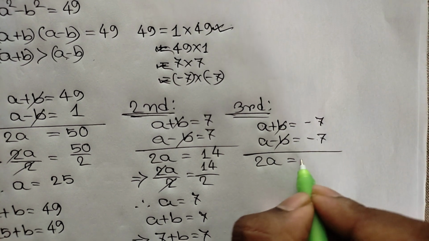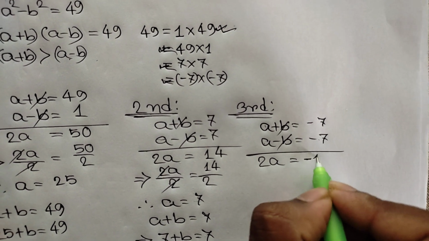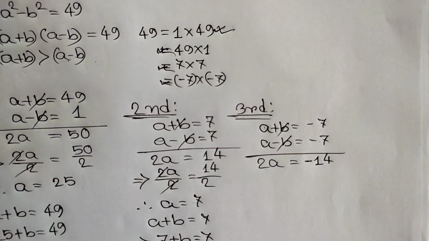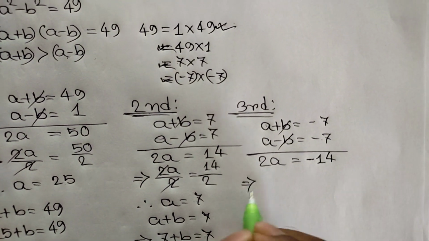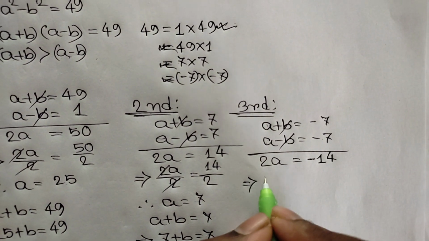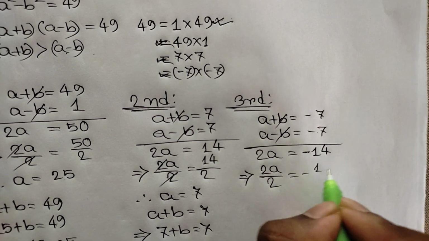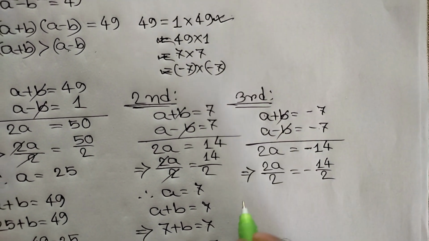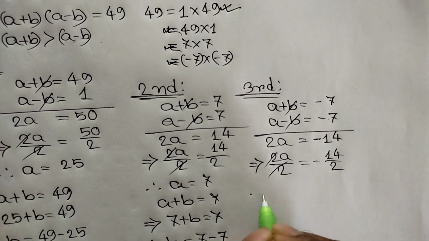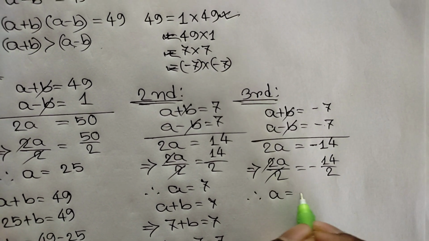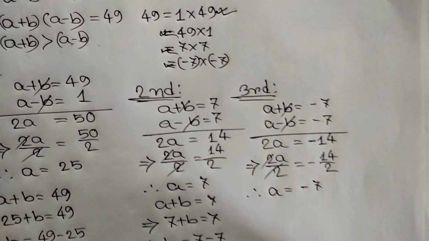Minus 7 plus minus 7 is equal to minus 14. Now divided by 2 to both sides, we will get 2a over 2 is equal to minus 14 over 2. This 2 cancels out this 2, so the value of a is equal to minus 7.